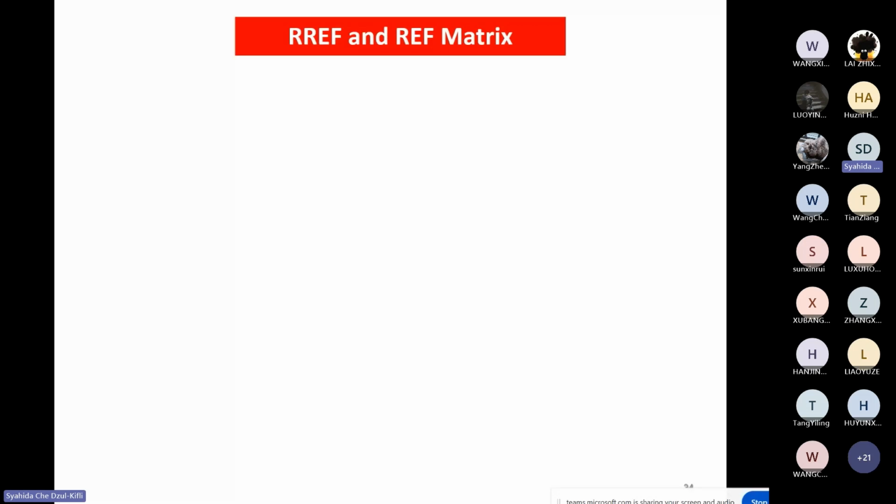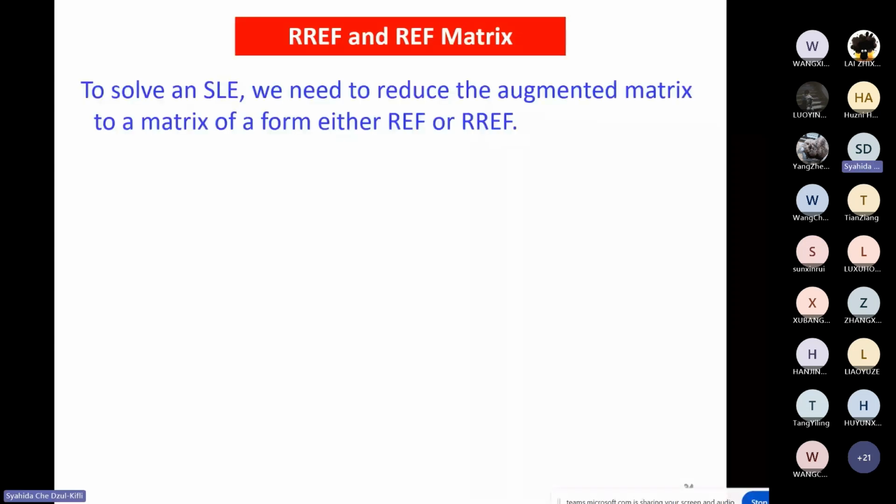Okay. So here is the answer for the first question. What are REF and RREF matrices? To solve a systems of linear equation, we need to reduce the augmented matrix to a matrix of a form either REF or RREF.